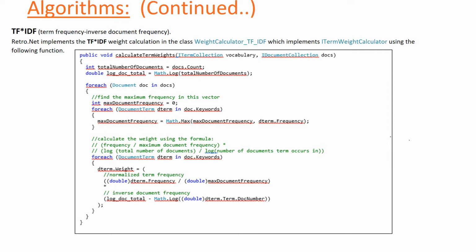On the other hand, TF-IDF was implemented in the term weight calculator function, where it goes through, finding the maximum frequency term that occurs in this vector, and then calculating the weight using the formula: term frequency divided by maximum document frequency, times the log of the total number of documents divided by the number of documents the term occurs in.